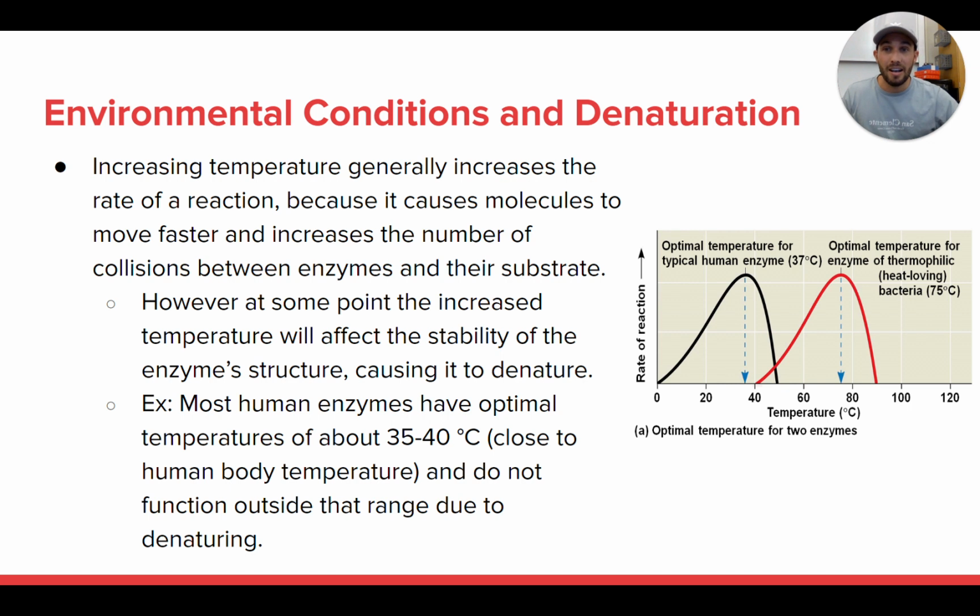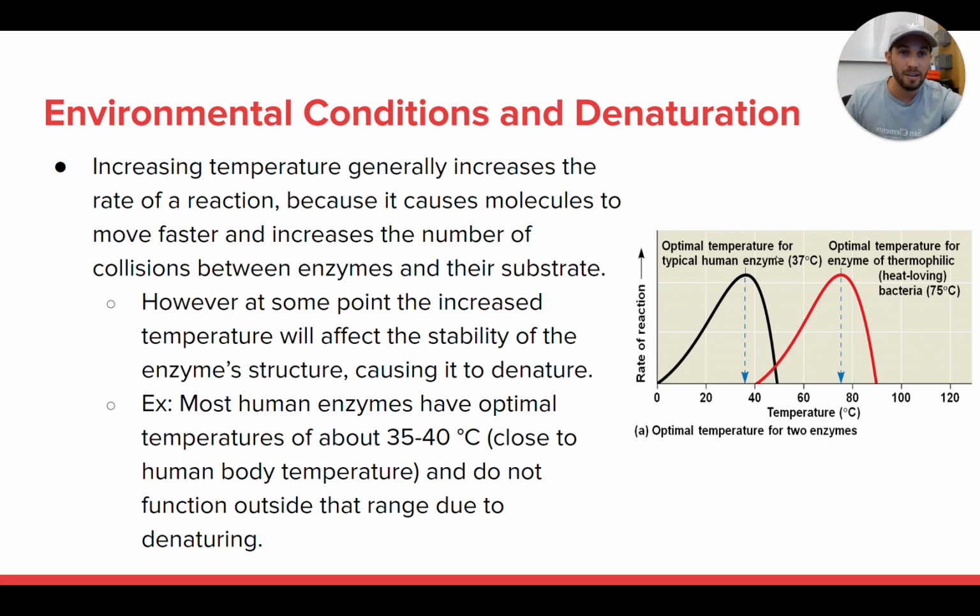And so you can see on this graph two examples. There's an example of an enzyme found in a human being. A typical enzyme found in humans functions most optimally at around 37 degrees Celsius, which is basically your body temperature, about 98 degrees Fahrenheit.